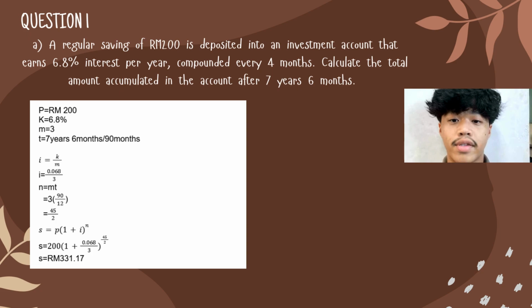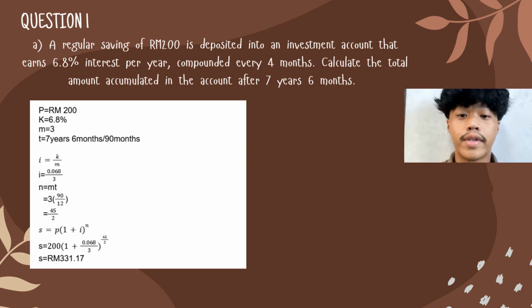Calculate the amount accumulated in the account after 7 years and 6 months. From the question, we can get P equal to RM200, K is 6.8%, M is 3, and T is 7 years 6 months, which is 90 months.